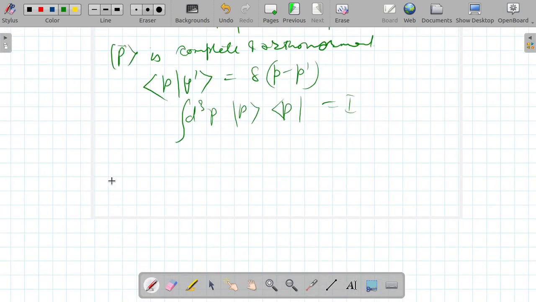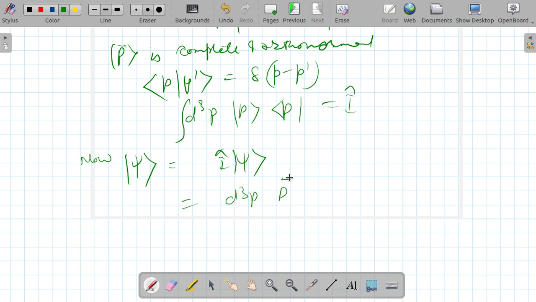So that means this ket psi can be written as I ket psi, and I can be taken from here. If I put its value here, it is the integral of d cube p, the p operator, ket, bra, and psi.